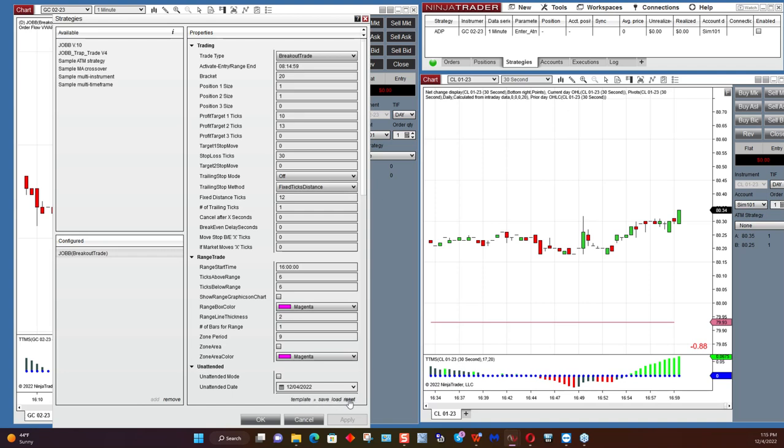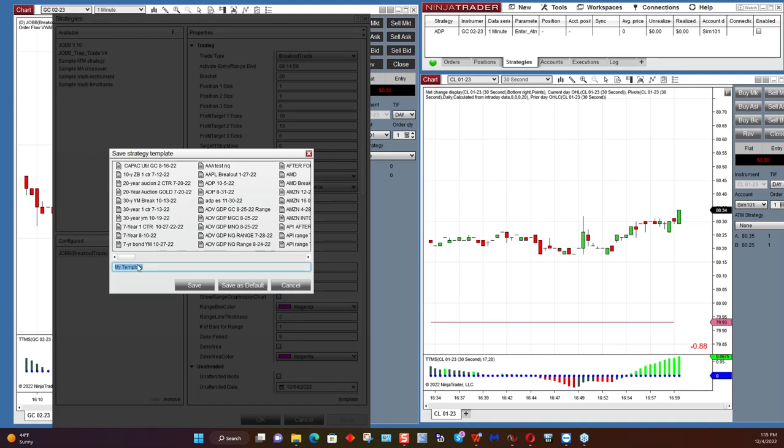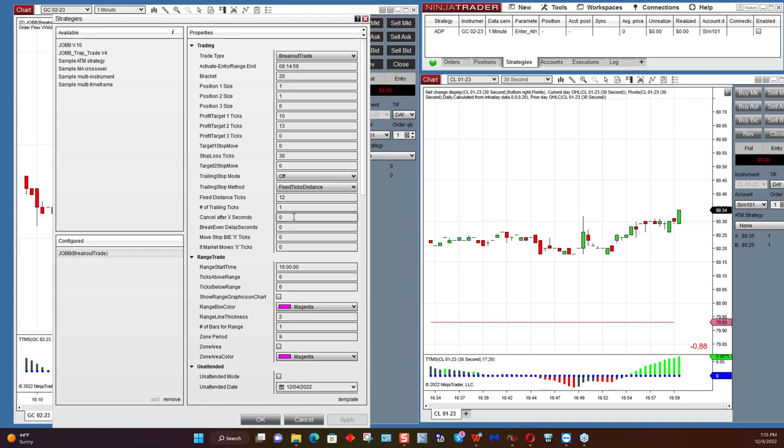I love templates because they tell us how we traded the last time we traded the report. But templates will change, your targets are going to change. So I like to save them because it shows me how I traded recently, but I'm always thinking with an open mind in case something needs to be changed, because the markets are changeable.